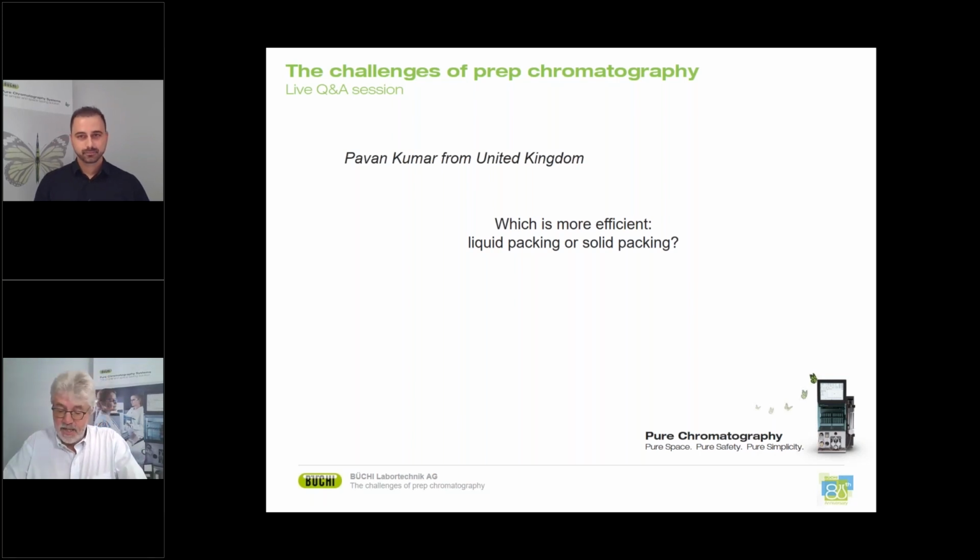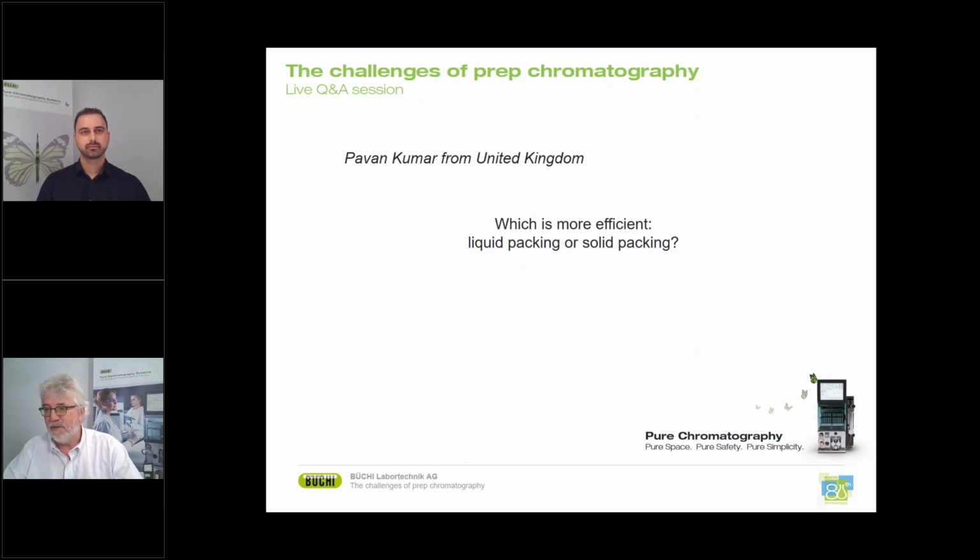What I would say is that if you look to the different types of columns which are available on the market, as I mentioned, the open columns, there you have a choice. You do it yourself, you fill it with the dry powder, or you go for the slurry. If we look to the cartridges, these cartridges are typically dry packed.